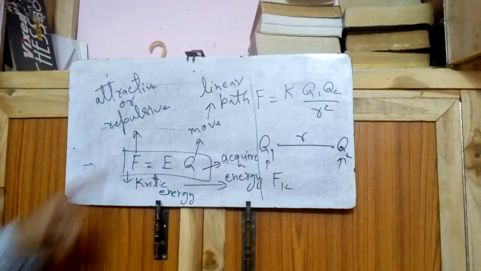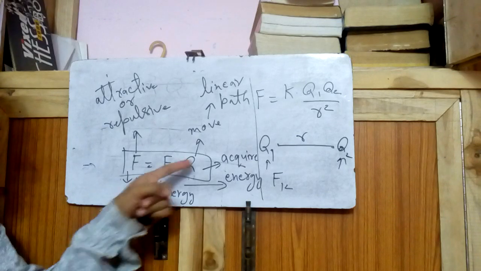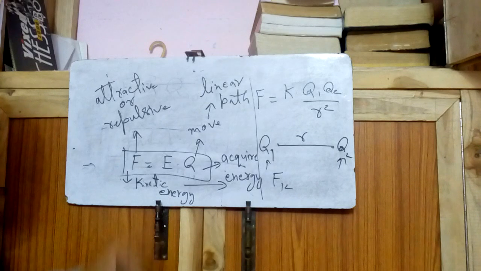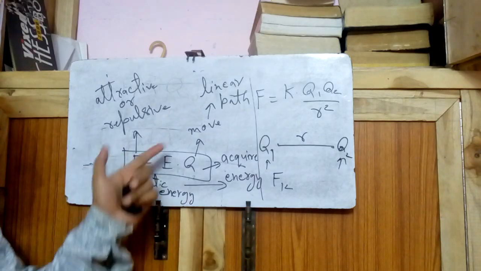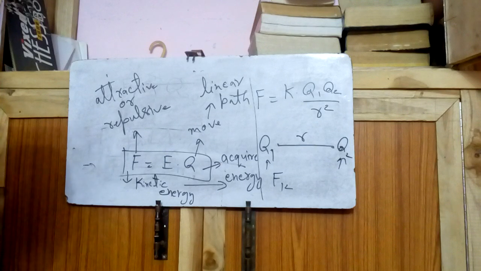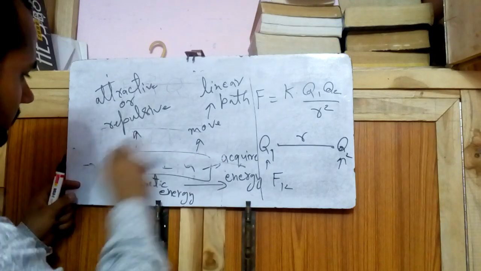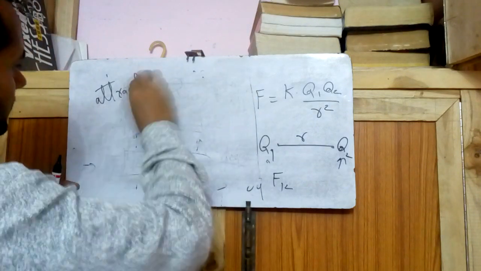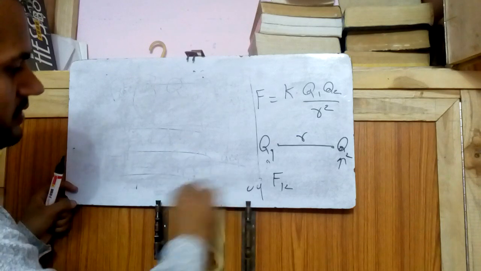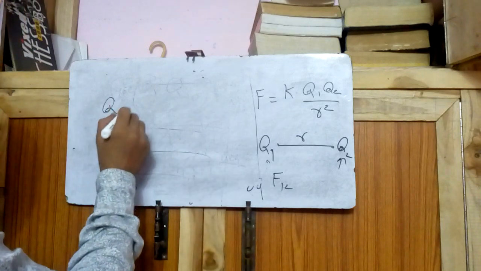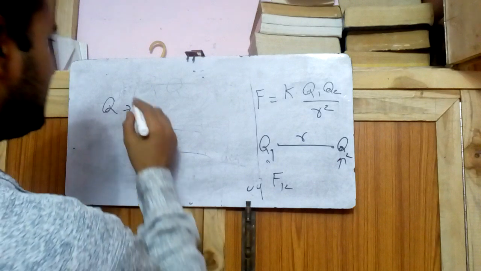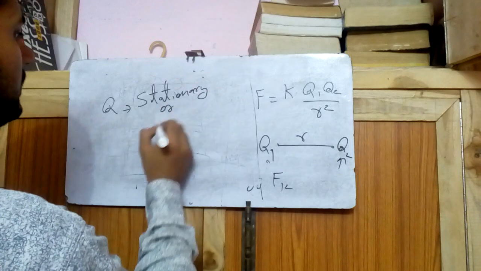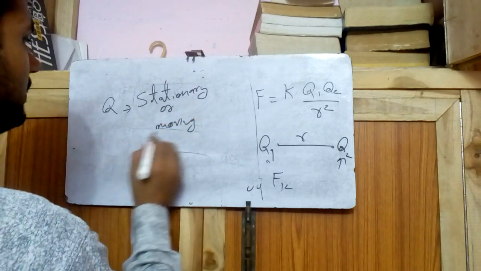The force will be attractive or repulsive. Because of this it will start to move if it is free, and the path will be a linear path. The force will change the kinetic energy, and so the charge acquires energy in the electric field. Here one point is very important to consider: Q is either stationary or moving in the electric field.